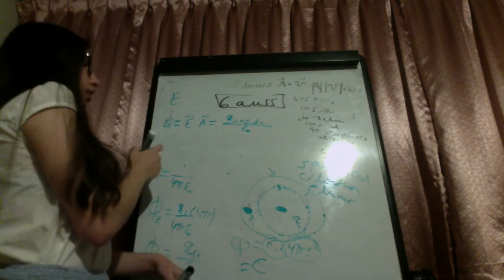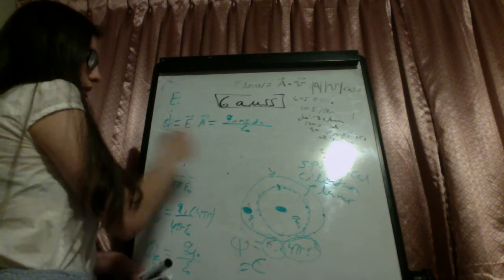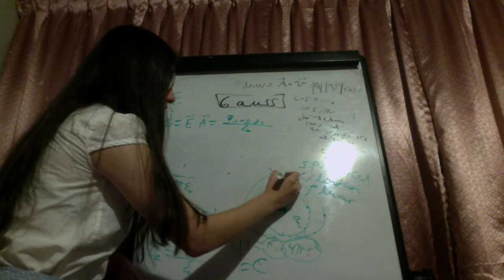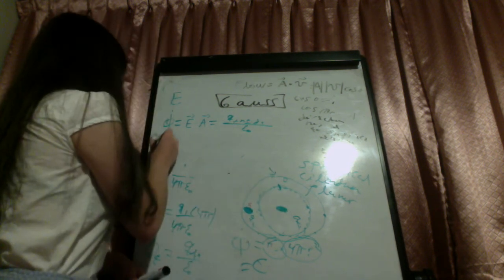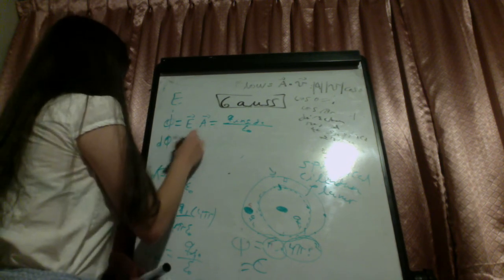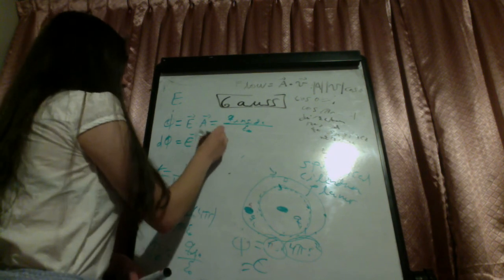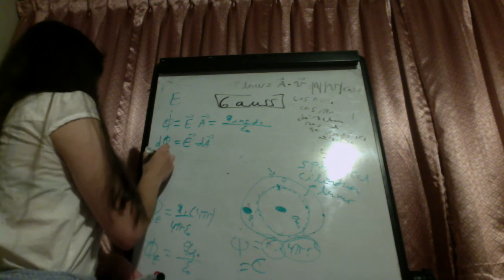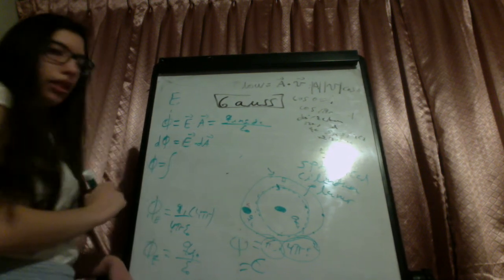So I could say that, because I could take just the flux through this infinitesimal area, the flux of infinitesimal is equal to the electric field dot dA. So if I want the flux through all the surface, the flux is equal to the integral.